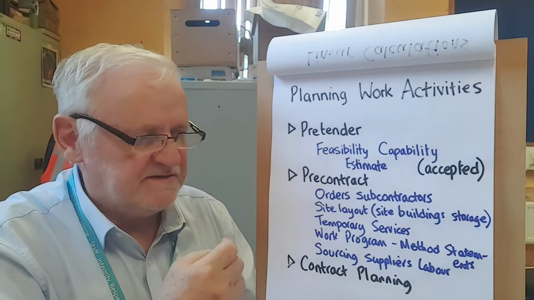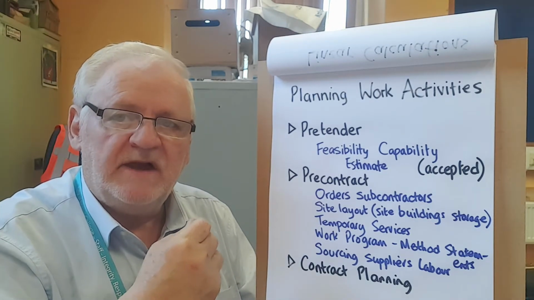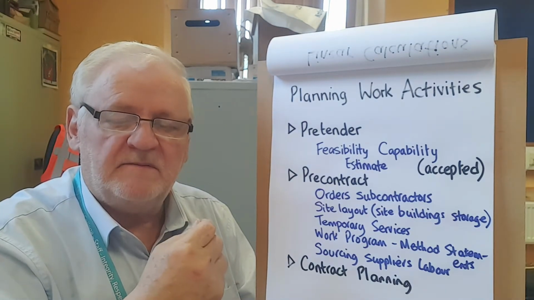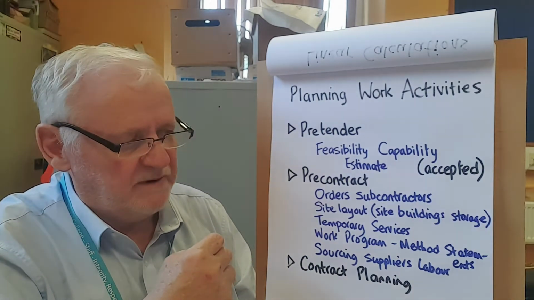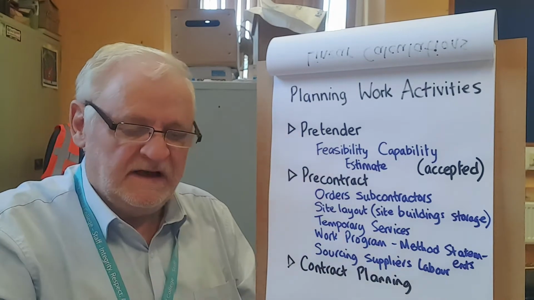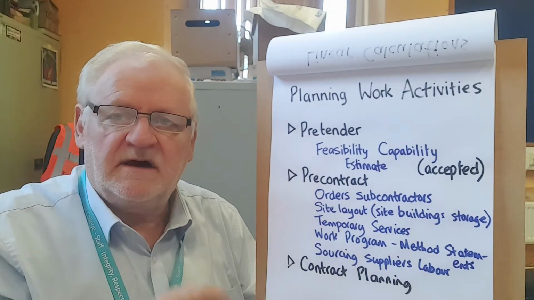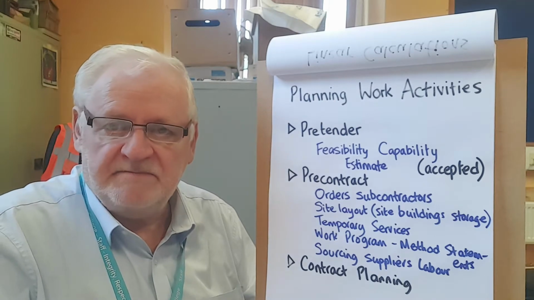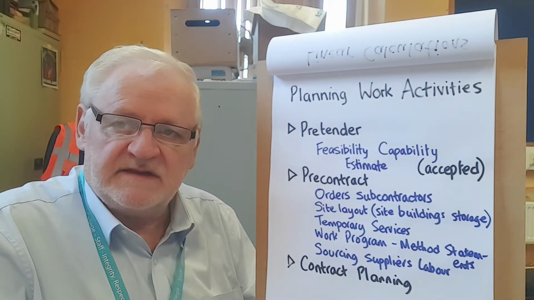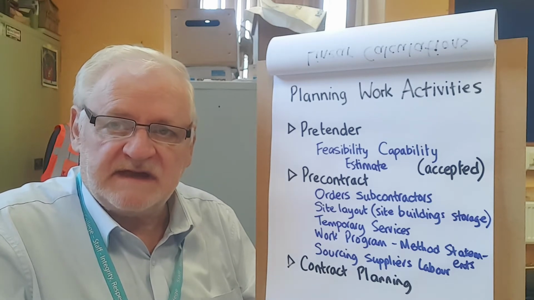But part of the work program will be a list of all the main operations. And on that list of main operations, there will be the method statements. Now, the method statements are simply a very simple description of what the particular operation is. And that's going to be linked to the risk assessment. Method statement and risk assessments go together.